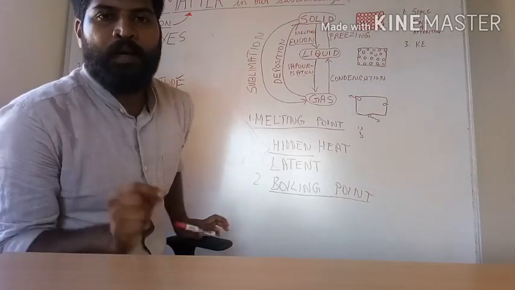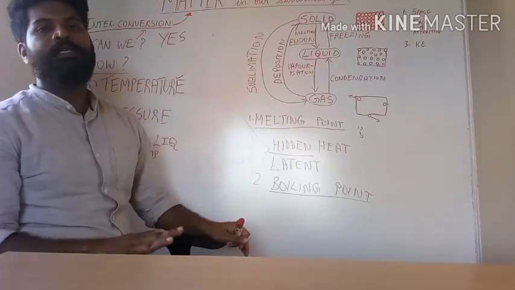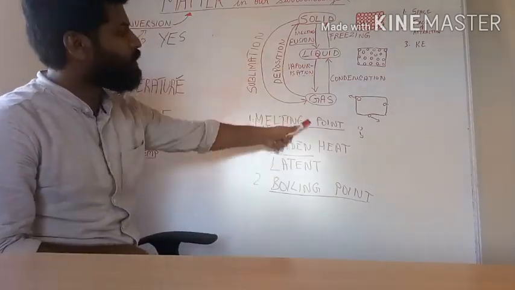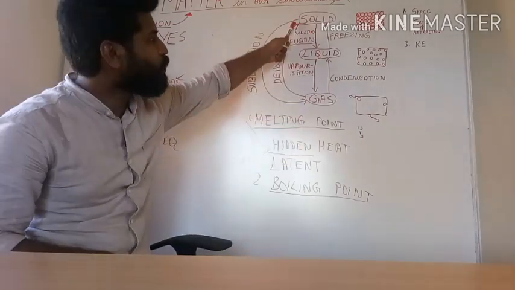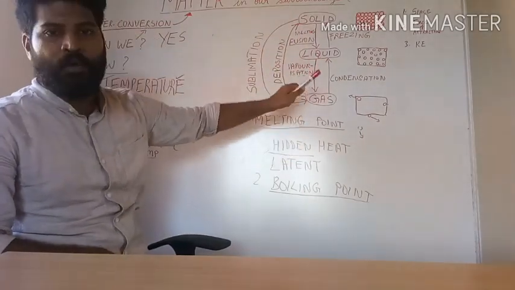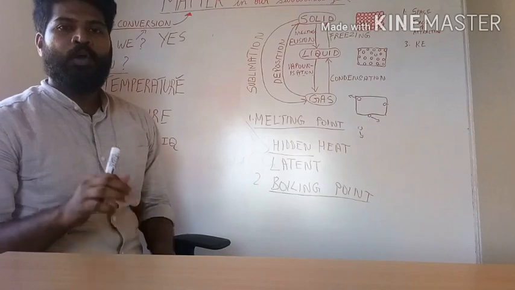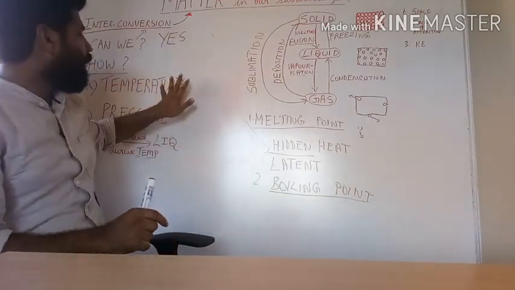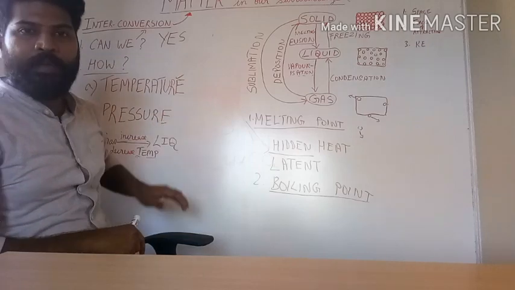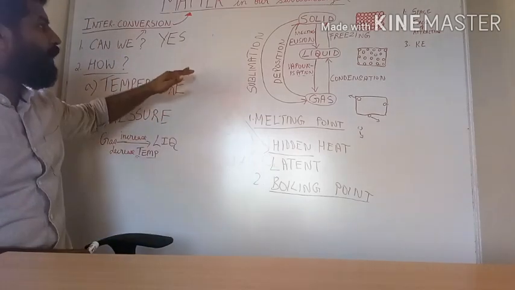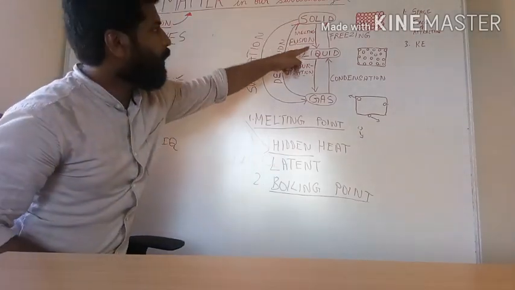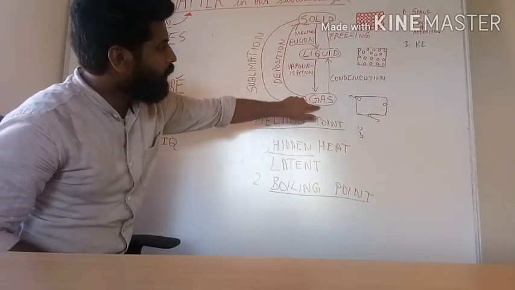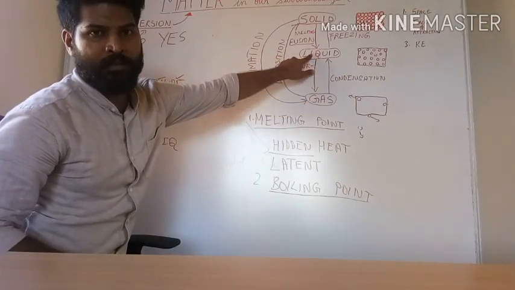Now, a very important point to once again consider here is, in all these cases, converting a solid to liquid, liquid to gas, or any other ways, the only thing that we have done is change the temperature and change the pressure. Either we have increased the temperature or decreased it.